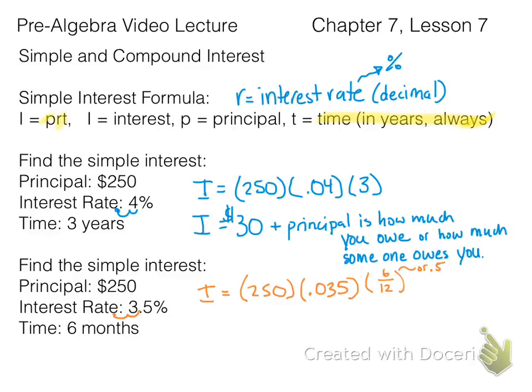That is 6 months out of a total of 12, which is half. So let's figure out the interest. The interest is equal to $4.38. If I multiply all those things together, I'm going to get $4.38. If I was loaning money to somebody, I'd probably want more out of them. So getting $4.38 isn't much, but hey, it's more than you had before.